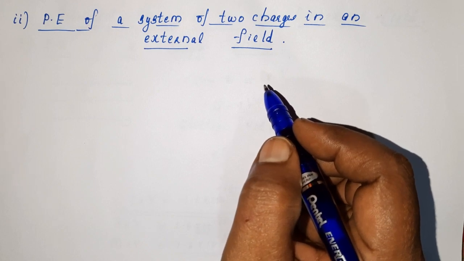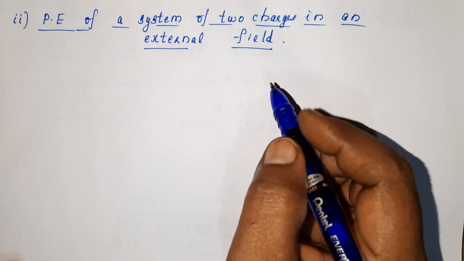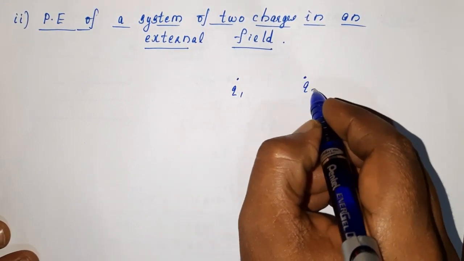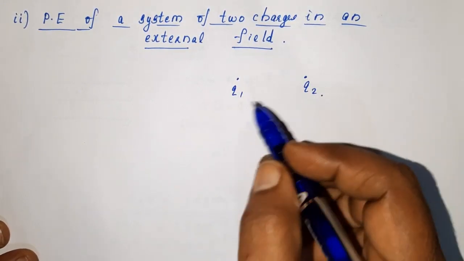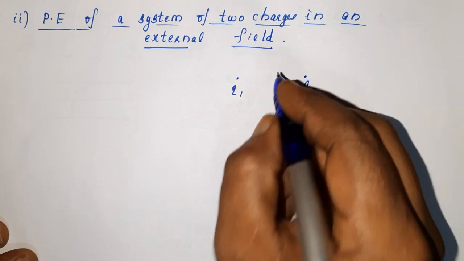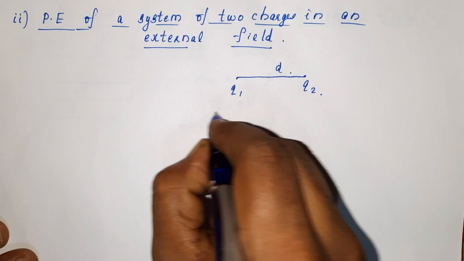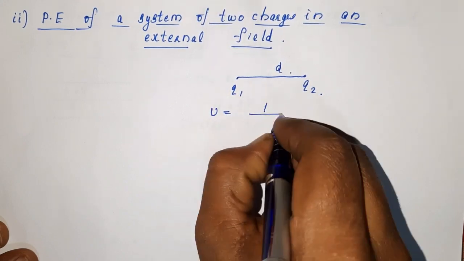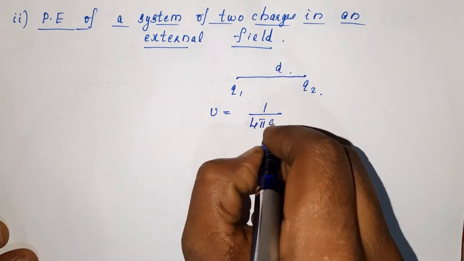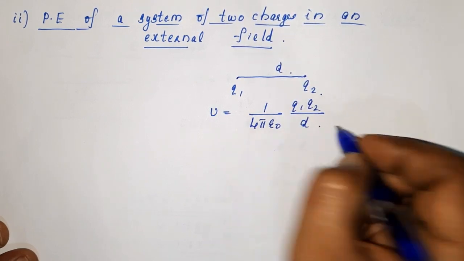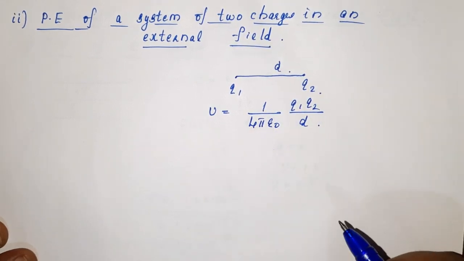So if you have two charges Q1 and Q2, what is the potential energy of this system? Only one pair is possible, which is at a distance d. So the potential energy U will be equal to 1 by 4 pi epsilon 0 Q1 Q2 by d. This is the potential energy of this system.